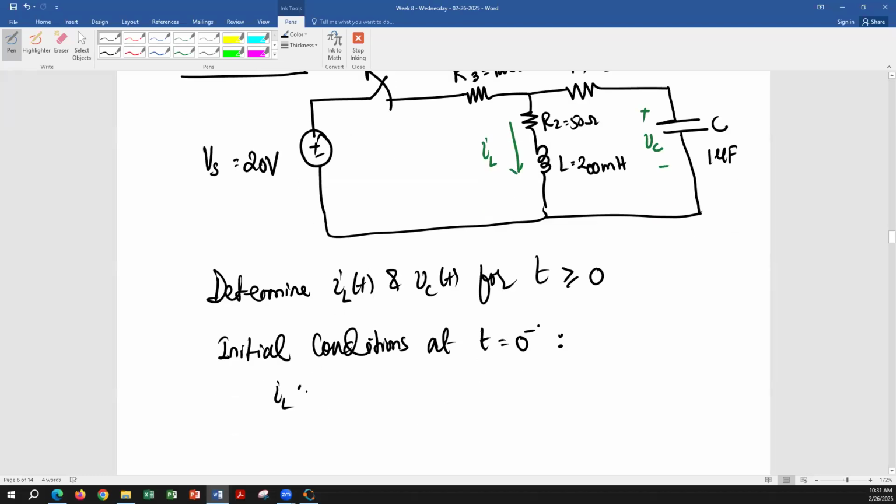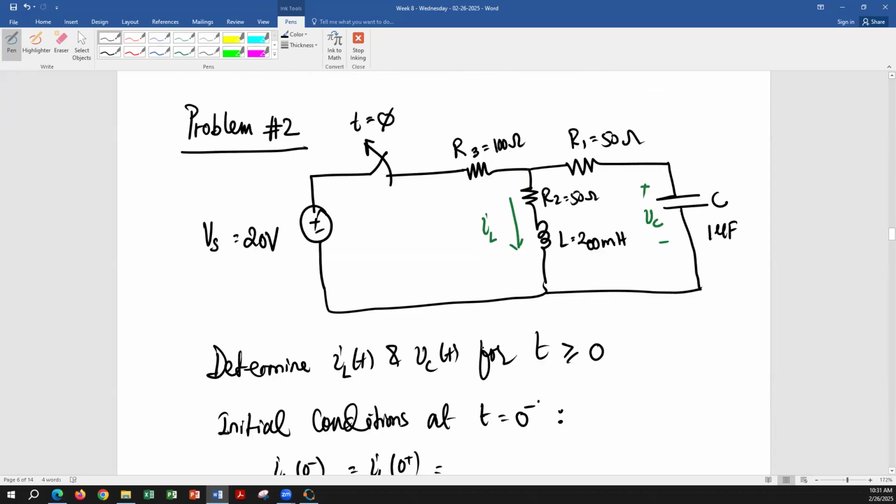So we are finding the initial current through the inductor and the initial capacitor voltage, and these will not change at 0 positive. All right, who's going to tell me how to find IL0 negative? Yes, Chris.